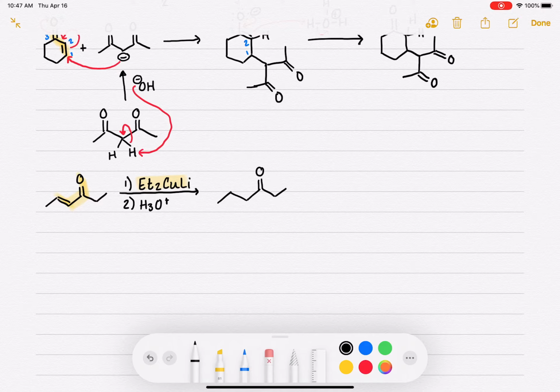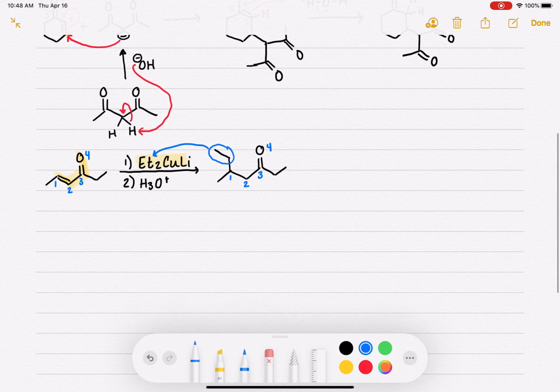And remember that the nucleophile is always getting added to position number 4 of the conjugated system, or number 1, depending on how you go about numbering it. 1, 2, 3, 4. I've added the ethyl from the dialkyl cuprate onto my carbon number 1. So that's one thing to look out for.